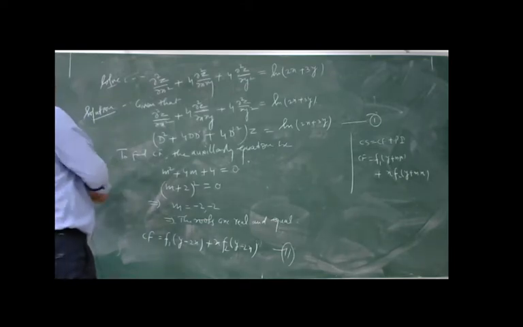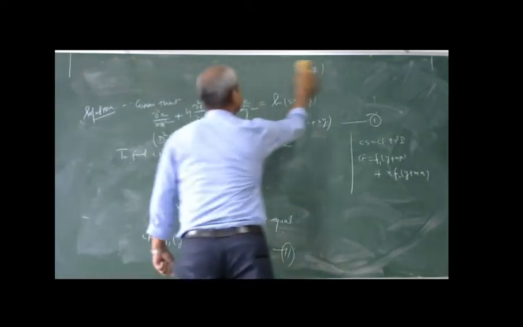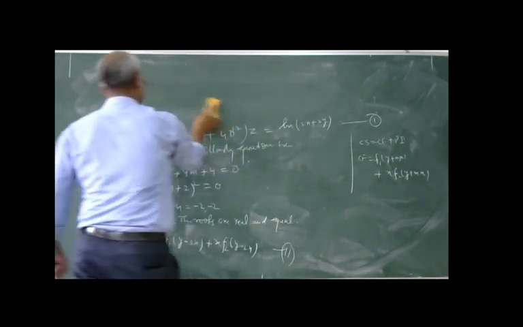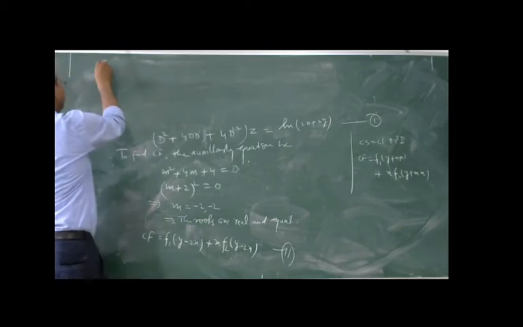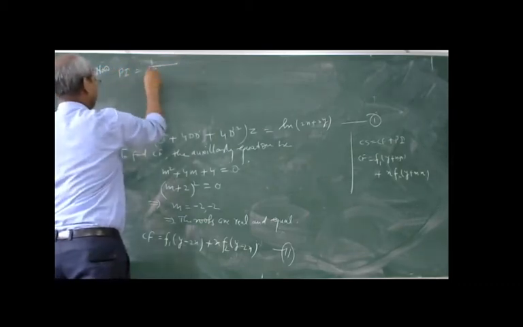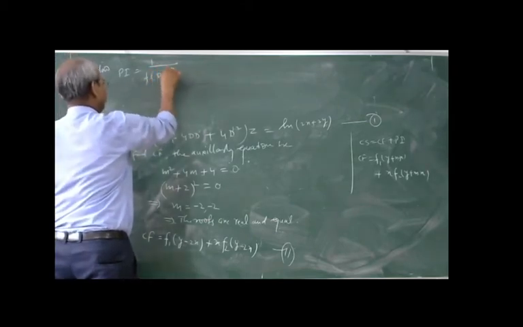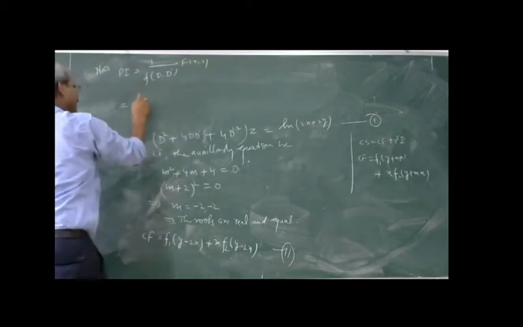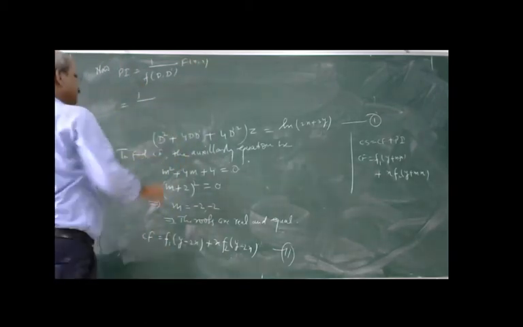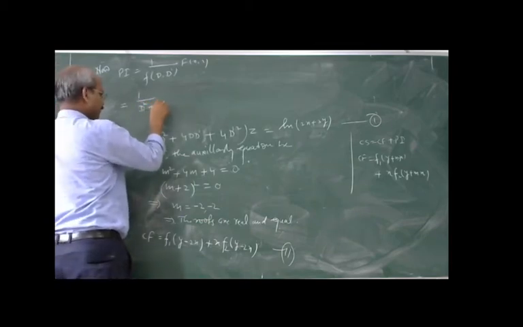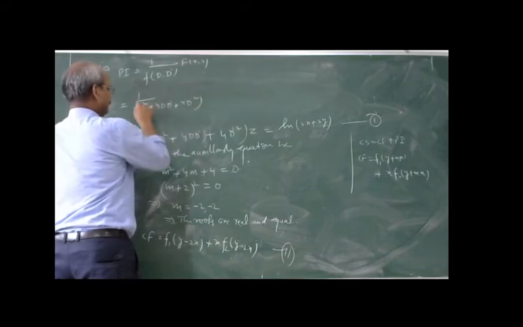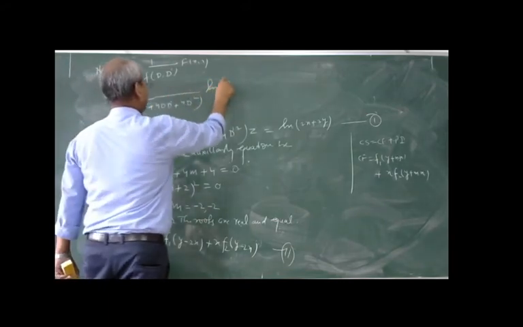To find the particular integral, PI is 1 upon f(D, D') of f(x, y). You know very well f(D, D') here is D² + 4DD' + 4D'², and this is sin(2x + 3y).